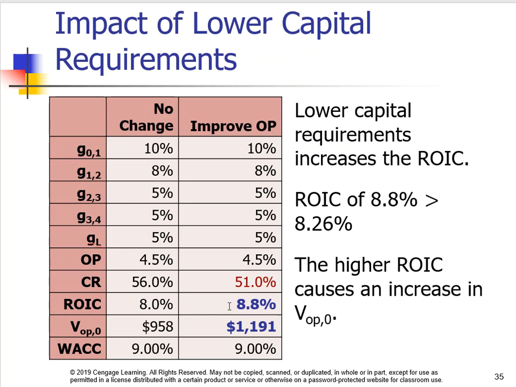So this is not as impactful as improving the operating margin, but it helps. But we're still below 9% here. And so it increases the value of operations, but we still are not earning above the cost of capital. So it's better than an 8% ROIC, but it's still not good.